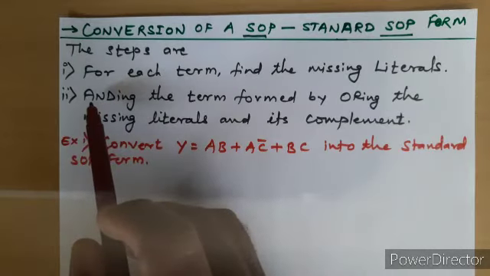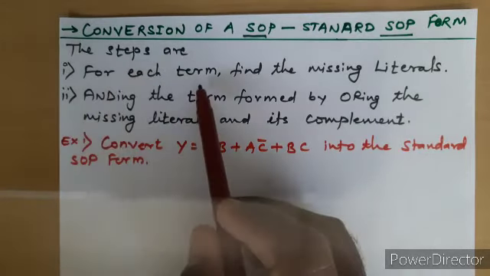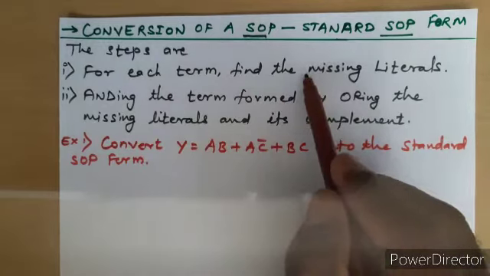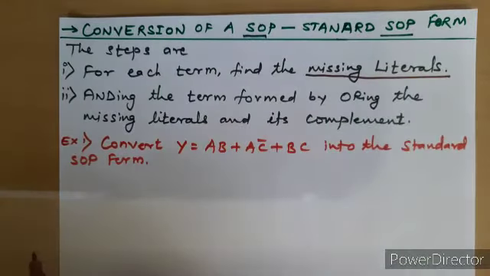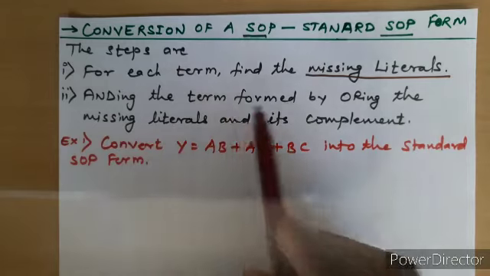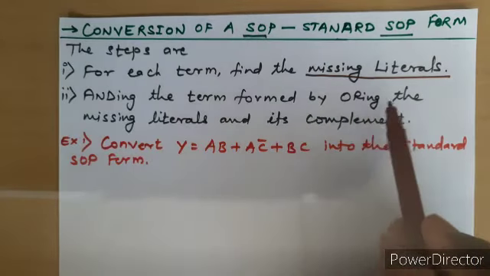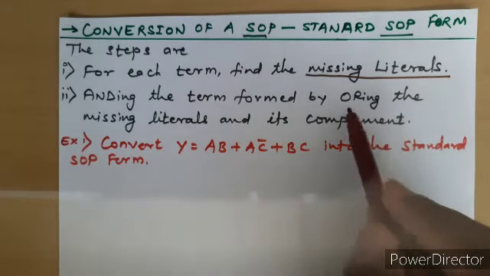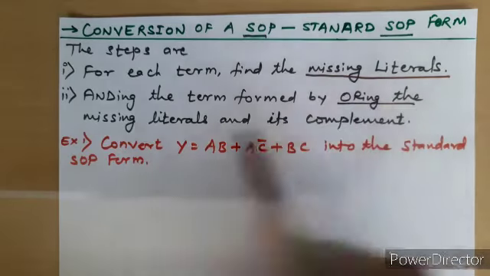The steps are: for each term, find the missing literal. Again you have to find the missing literal from each term. Then form a term by ORing the missing literal and its complement.